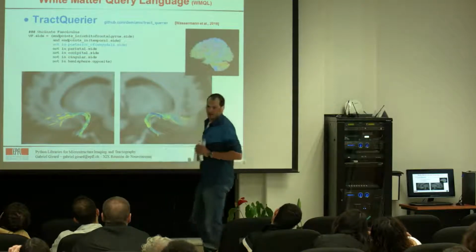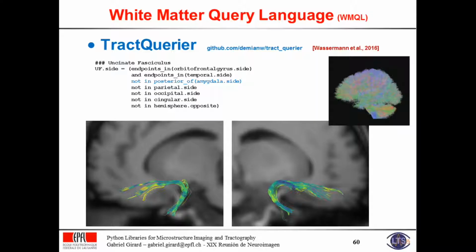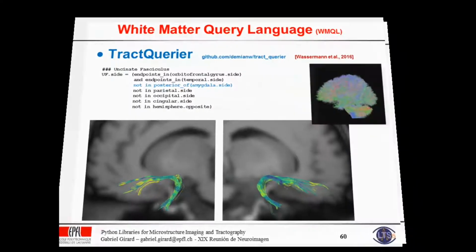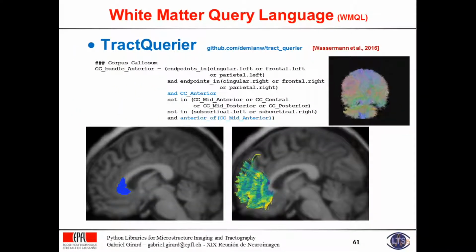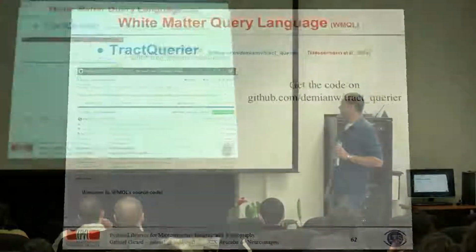And this way, we can get the uncinate fasciculus. In a very similar way, you can do that for tens of bundles. This is the way we define, if you remember yesterday, the mean value of the axon diameter index. The way we compute that is to extract the bundle on all the subjects using this kind of query. So this might be very useful if you do group analysis.